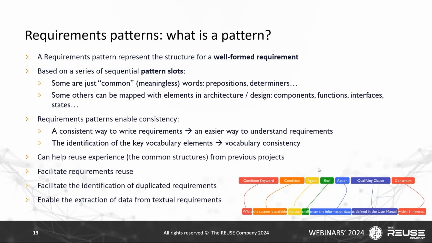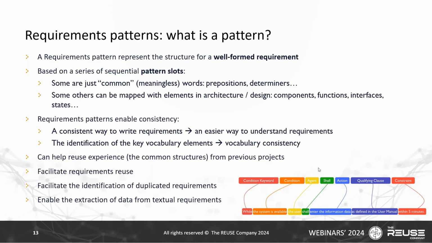Having a full set of requirements following the same catalog of patterns will guarantee that the structure will be uniform or consistent, and also consistency in terms of the vocabulary that we use if we manage to connect, as I mentioned, the different pattern slots to a domain-specific dictionary.